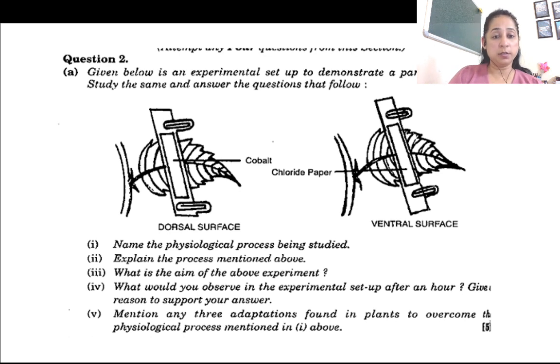The lower surface of the leaf has more stomata on it. So on the lower surface of the leaf पे जहाँ पे cobalt chloride paper will be there, it will change color quickly. Mention any three adaptations found in plants to overcome. Same question again. So this shows us that transpiration पे ही two separate questions in two separate board papers. How are they asked? How do they change the question?